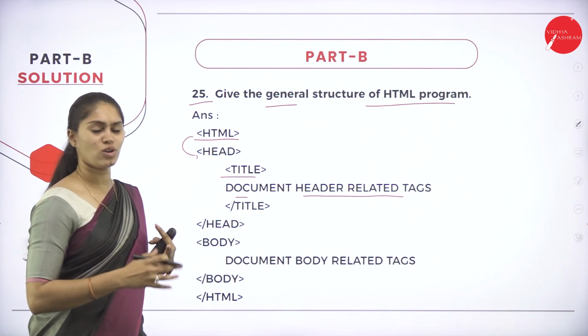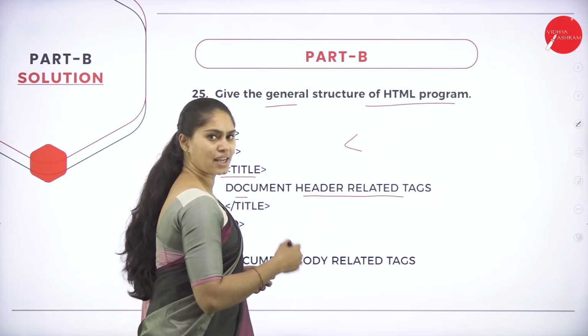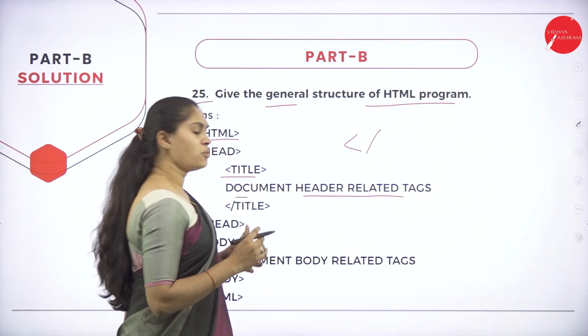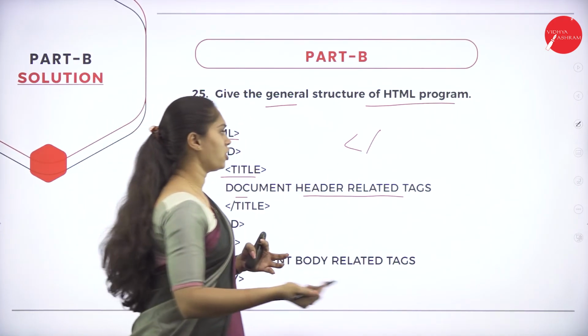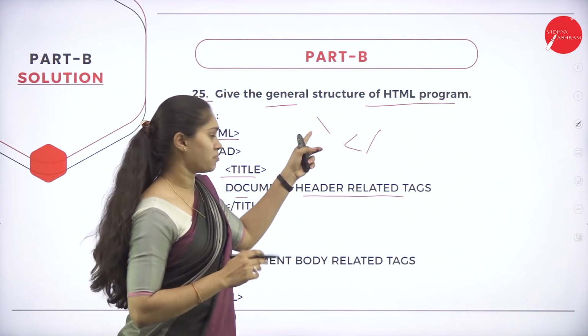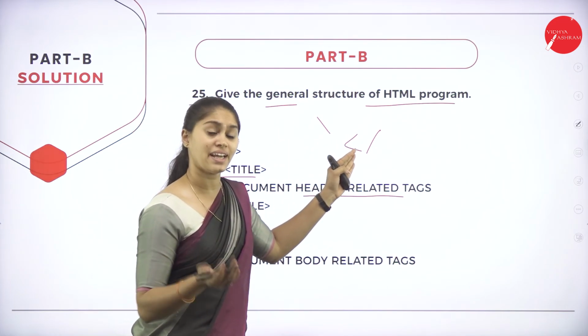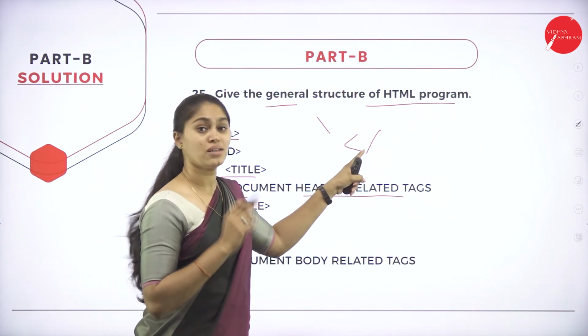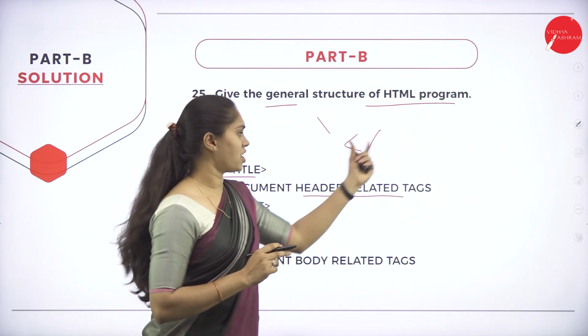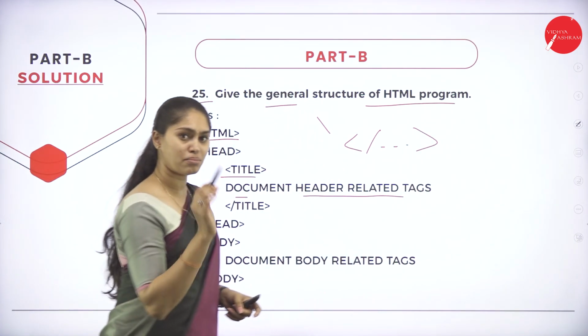If I want to close any tag, how are we going to do that? You just write the angular bracket, then write a forward slash. Most students use a backward slash instead of the forward slash. This backward slash is wrong. So be conscious when you are closing any tag: it needs to be preceded by a forward slash and the name of the tag, then you close the angular bracket.